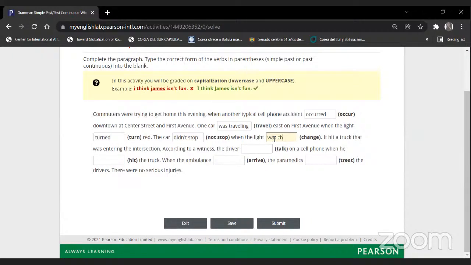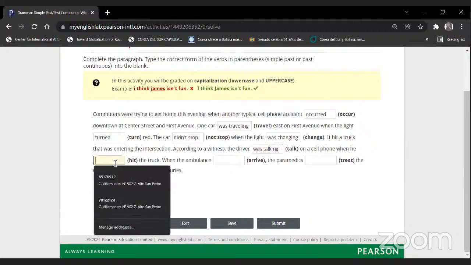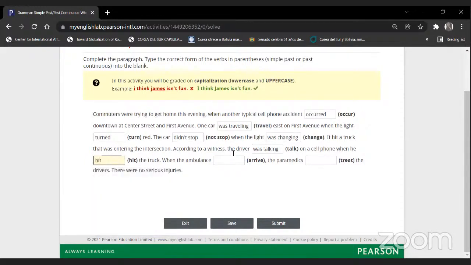Hit the truck. When the ambulance, the car.